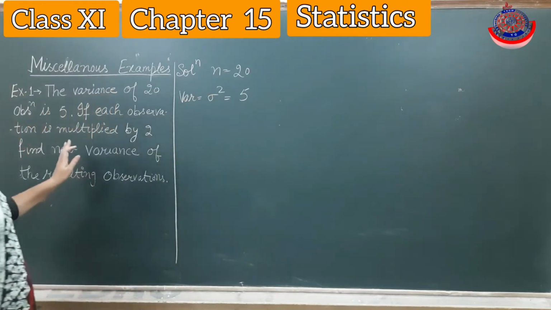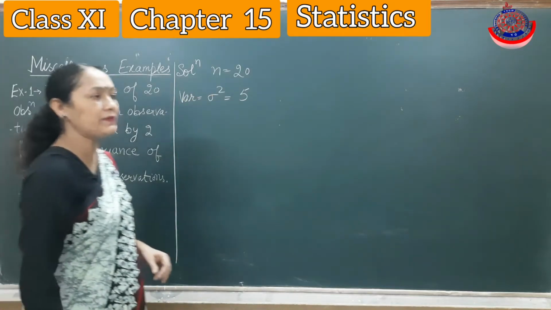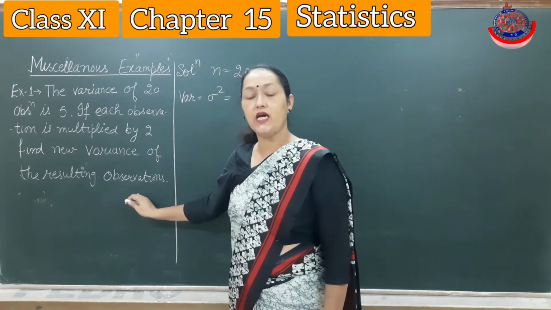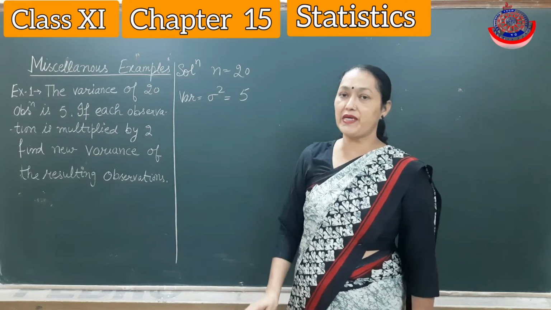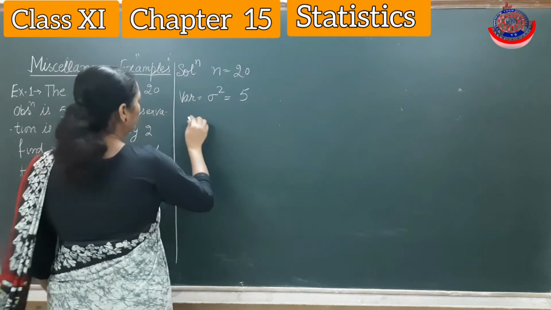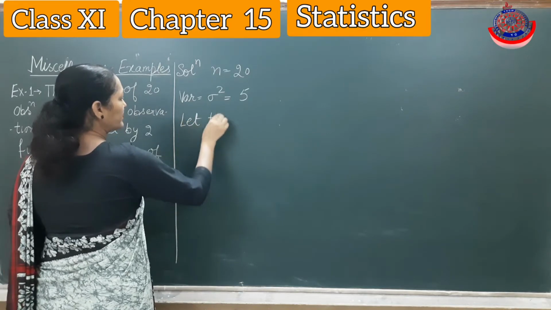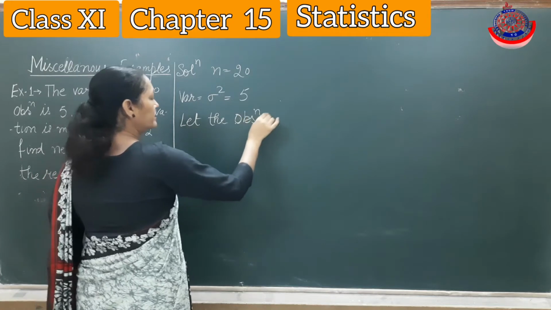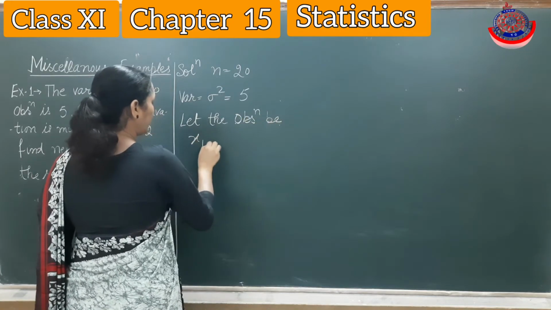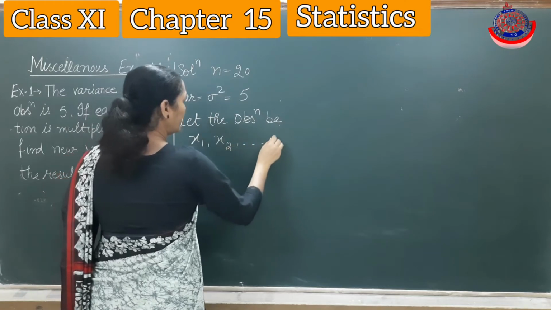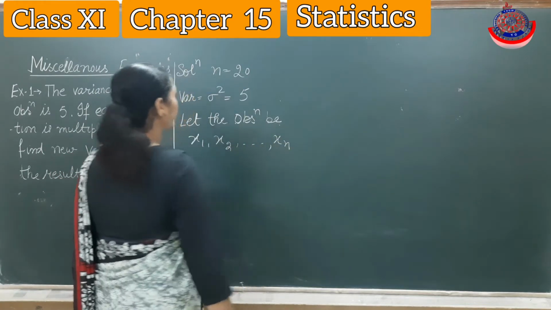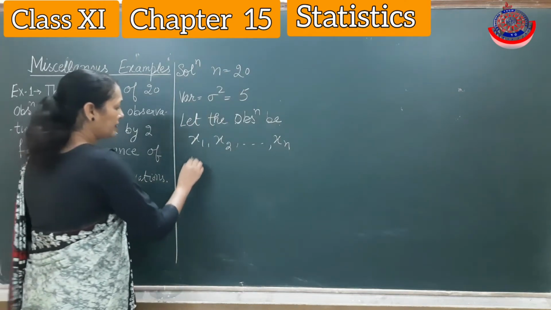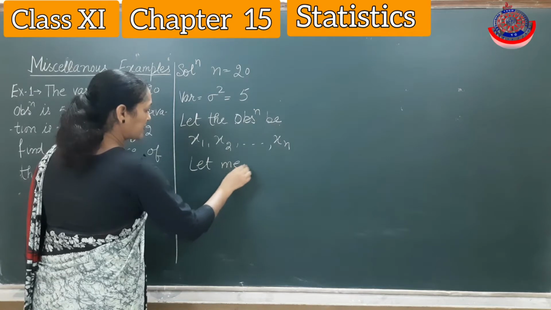Now they are saying, if each observation is multiplied by 2, we have to find the new variance. First of all, let the observations be x1, x2 and so on up to xn, where n is 20, and let the mean be x bar.